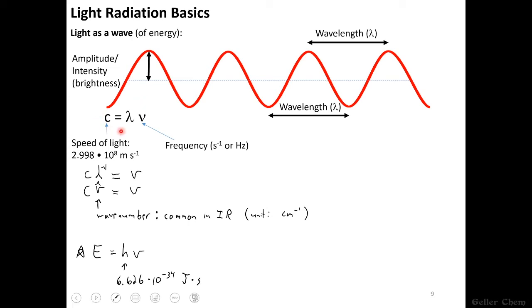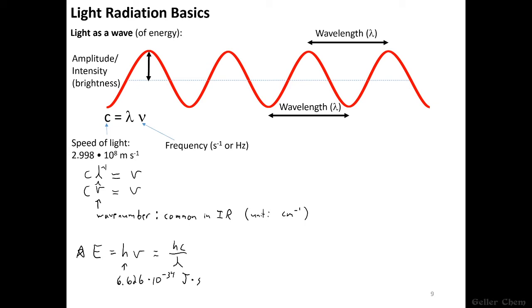But we also know from this equation up here that wavelength and frequency are related as well. And so the much more common way of writing this equation here, at least in this class, is energy is equal to hc over wavelength.